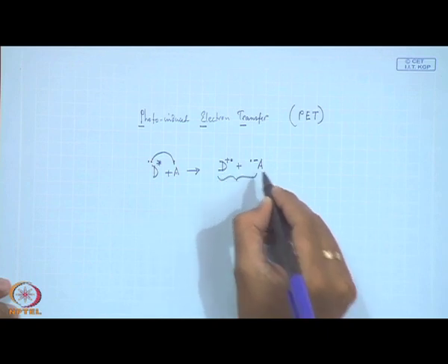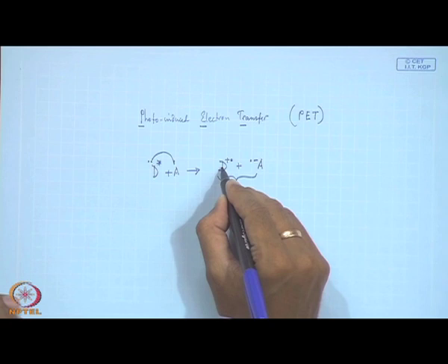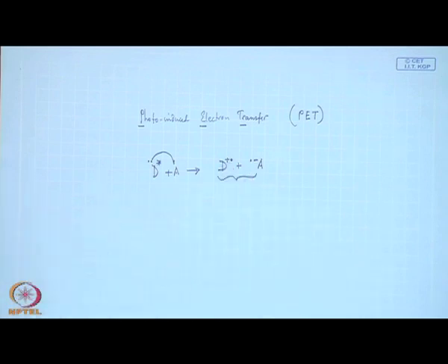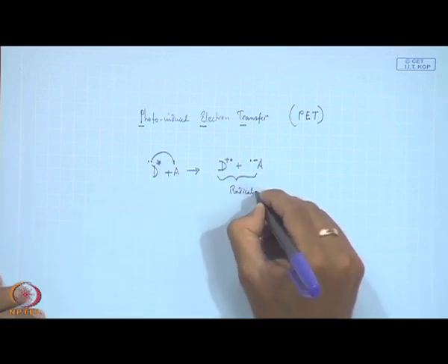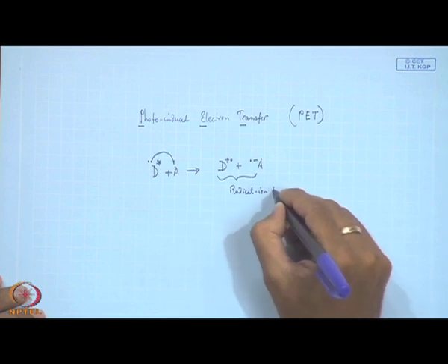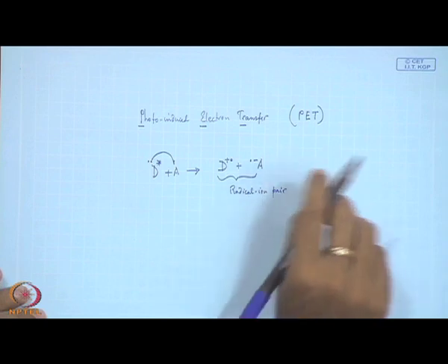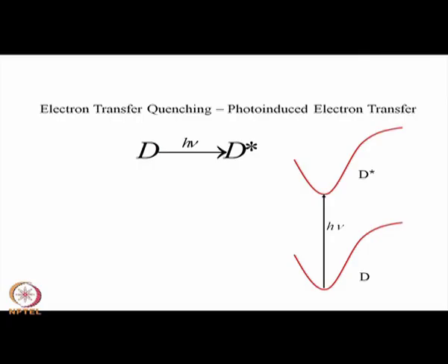This is a radical cation, this is a radical anion. So this is a radical ion pair. This quenching is via photoinduced electron transfer.